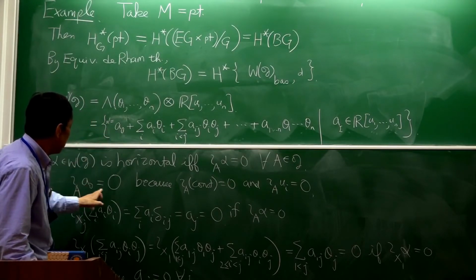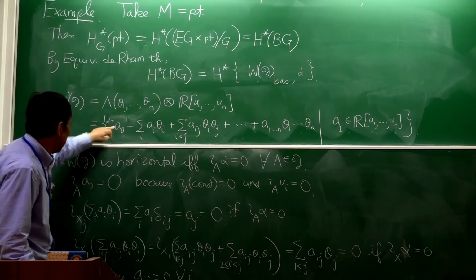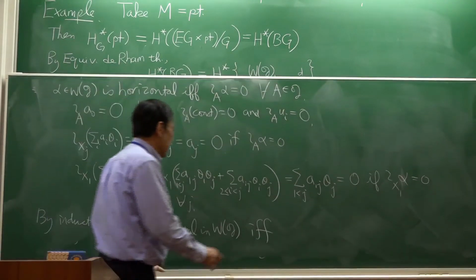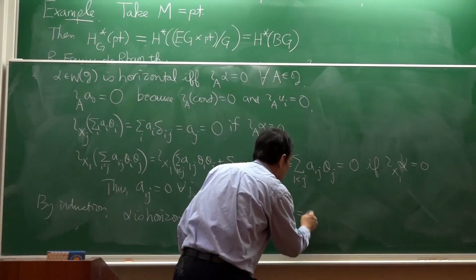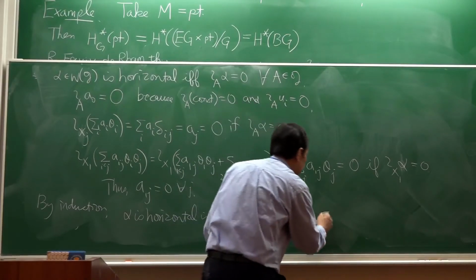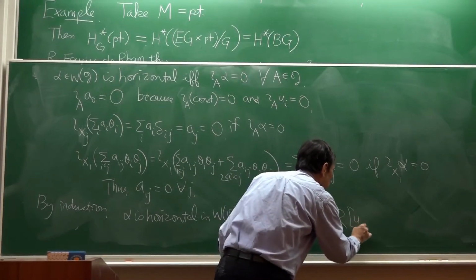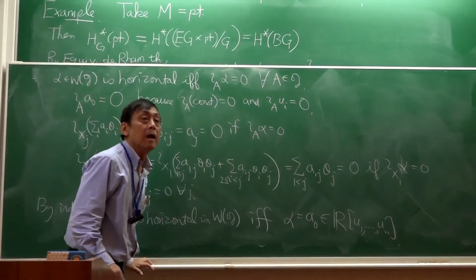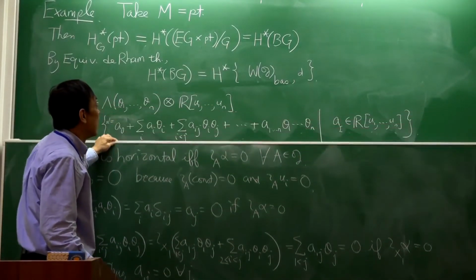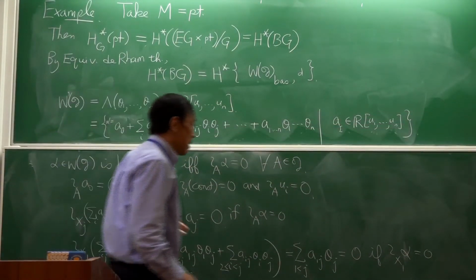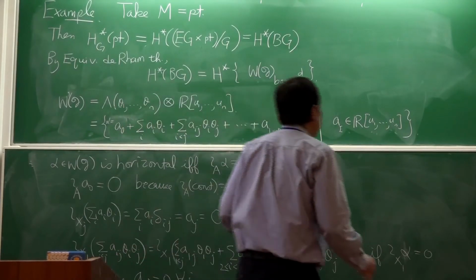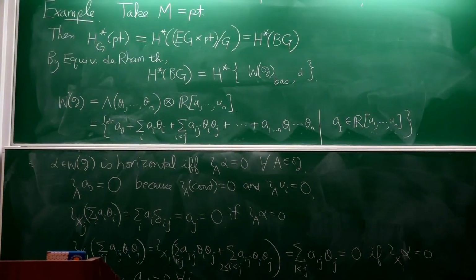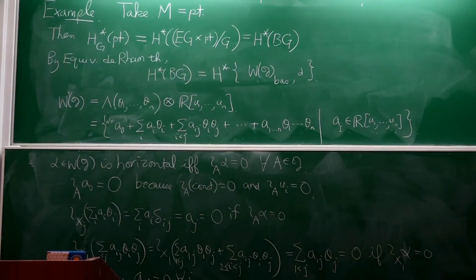Because that's automatic. IA of A0 is 0. So if and only if alpha is equal to A0, and that is a polynomial in the U's. So what is the set of horizontal elements in the Lie algebra?